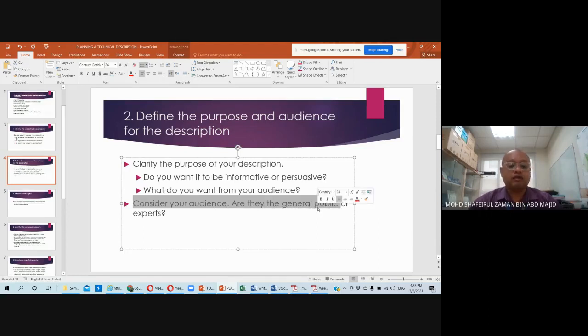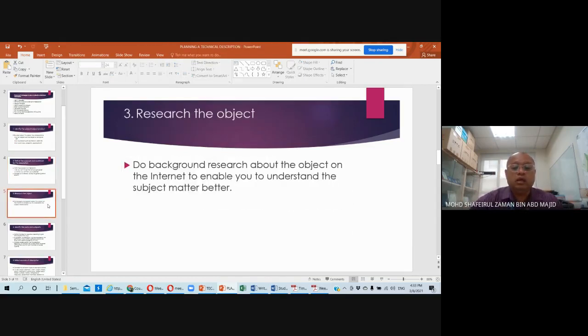As I have mentioned, bear in mind they can be those with technical background and also those without technical background. So you cannot assume that everyone who comes to your booth during the online exhibition will be the same.